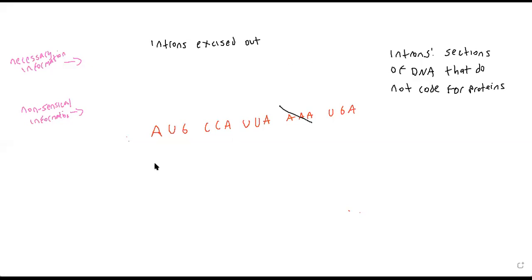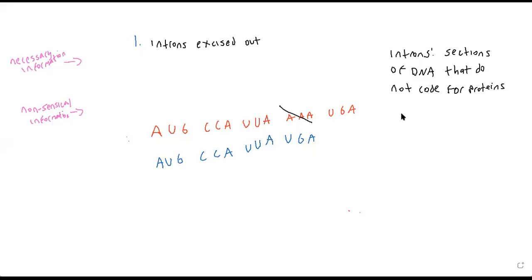So now we are going to have our strand that has a part of it cut out. Like when I showed you the hemoglobin sequence, only a certain part was considered exonic regions. So the introns were cut out. So now we have step 1, the introns are going to be excised out.